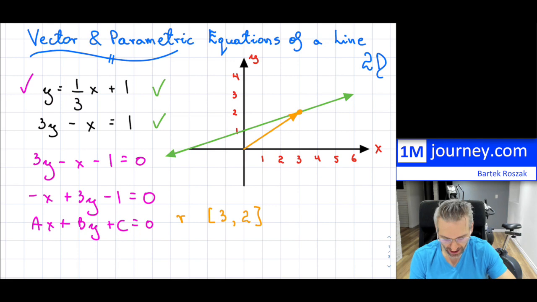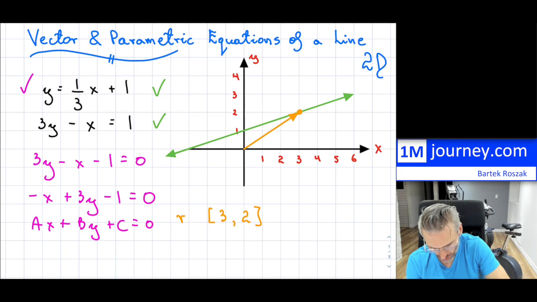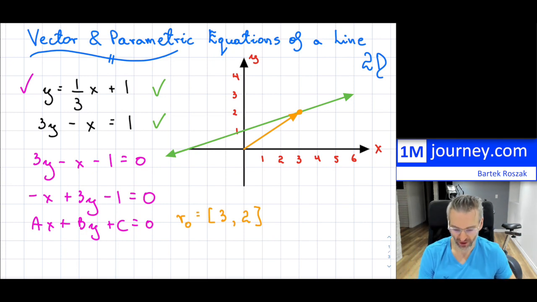And this would be my initial one, so sometimes it's subscripted as I, or maybe as O, or 0, which is your initial vector, or initial ray, which is trying to describe this particular line. Now, this vector obviously does not describe the whole line. It just actually points to one particular point, which is the point 3, 2, which is at the tip there.